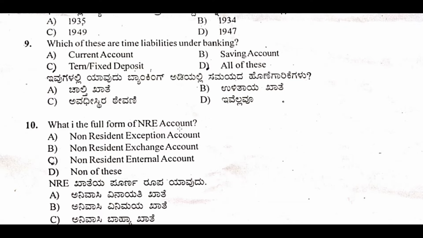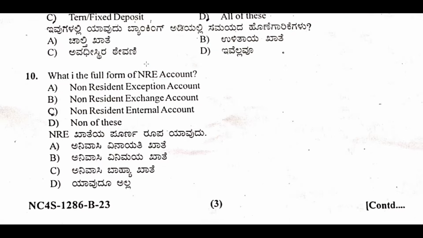Question number 10. What is the full form of NRE account? Is it option A, non-resident exception account, or option B, non-resident exchange account, or option C, non-resident external account, or option D, none of these?